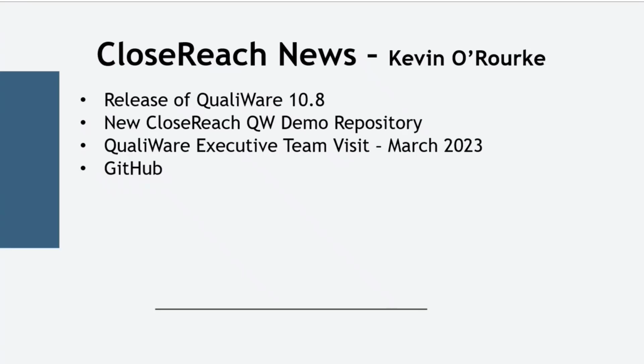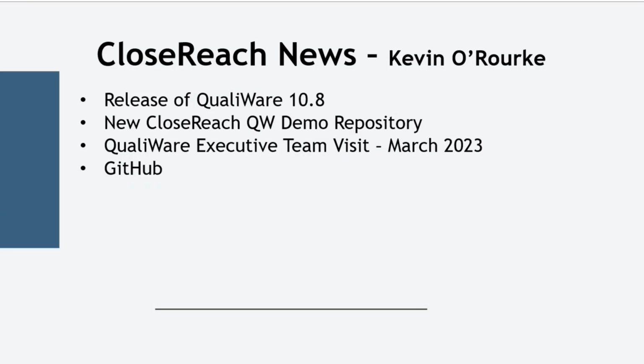We've set up a number of repositories, and one of them is a QualiWare macros repository. We have a number of different macros that people can choose to pull in. They're written in QCL right now, and if people want to rewrite them in C#, great.